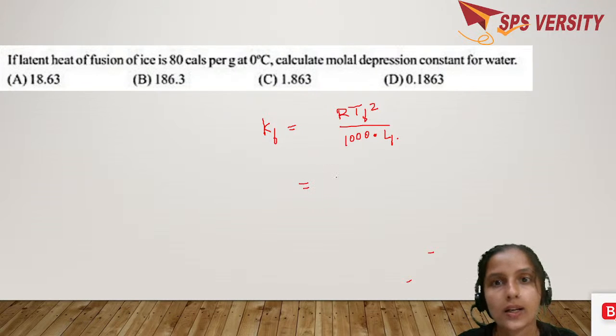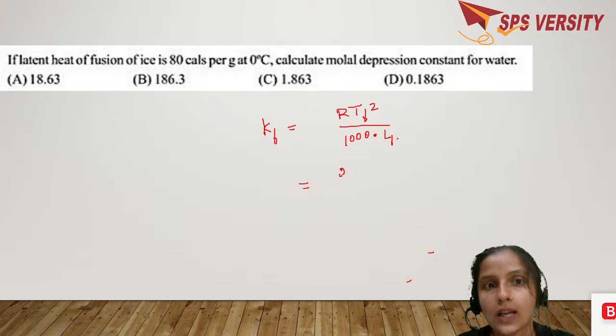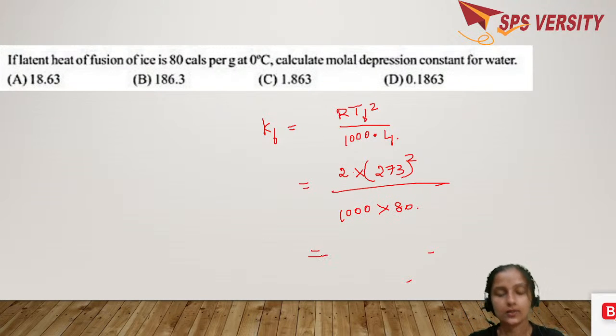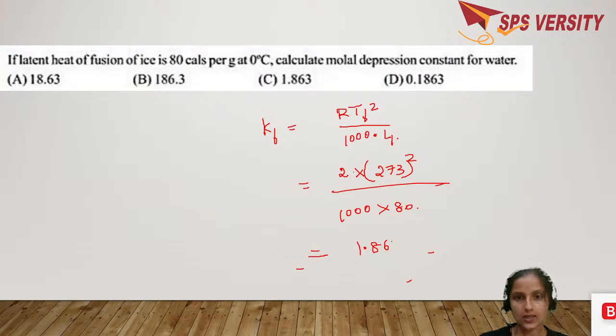R you can take as 8.314, but here it is in calories, so you have to take 2 calories into the temperature, 0 degrees Celsius, you have to convert it into Kelvin, 273 square divided by 1000. Latent heat of fusion is 80. If you calculate this, it will be 1.863 degrees Celsius. So that would be this one.